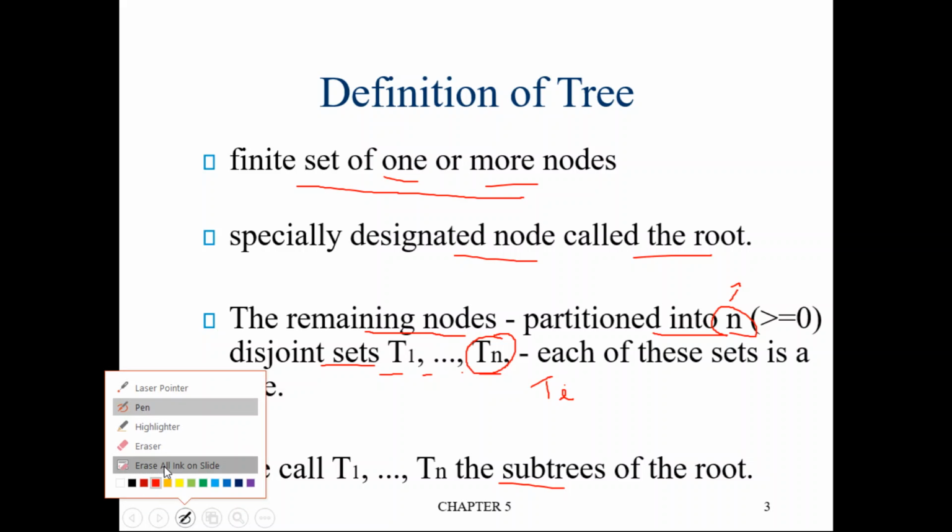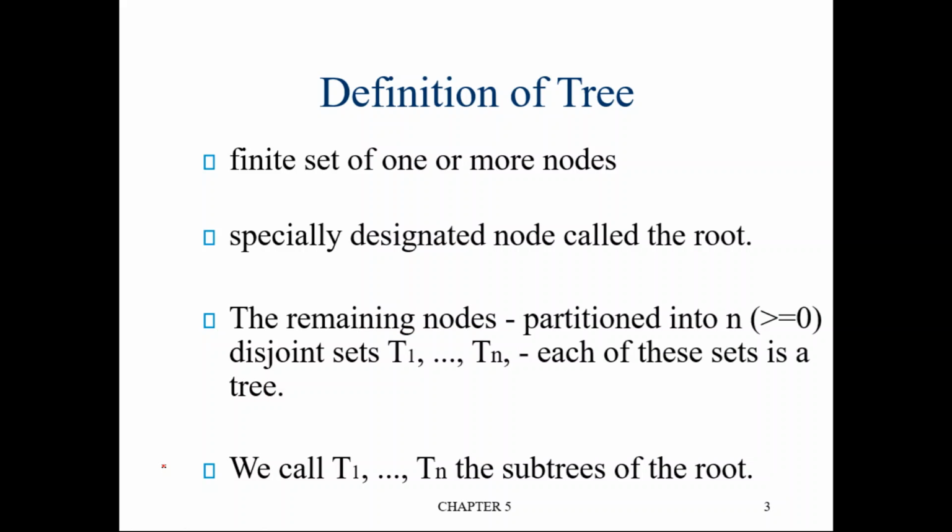What this definition says is that a tree should have a minimum of one node, or it can have more than one node, and in a tree there will be a specially designated node called the root node. The nodes other than the root node can be grouped into n disjoint sets. This n can be greater than or equal to 0. If n is equal to 0, then there are no nodes other than the root node.